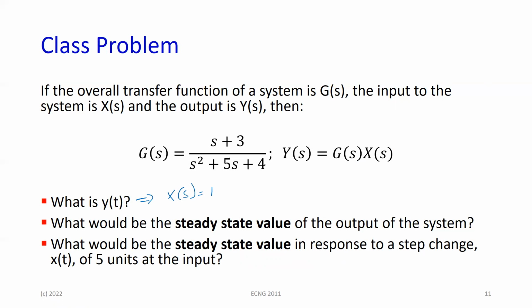So find y(t) for me, and then having found y(t), find what the steady state value of y(t) is, and then if x(t) is a unit step that is 5 units big, what is the steady state value of that system? All right, so grab some pencil and paper or whatever you have available, and let's spend the next few minutes trying to figure this out.